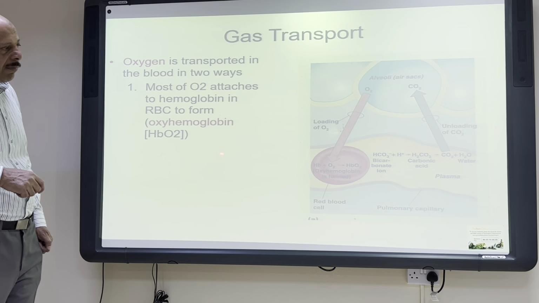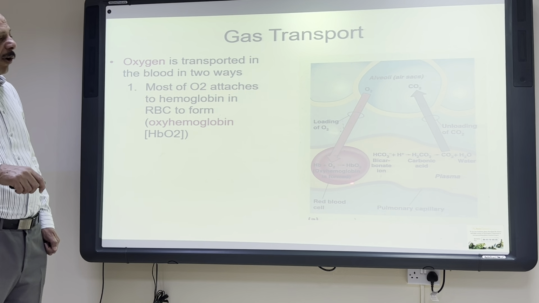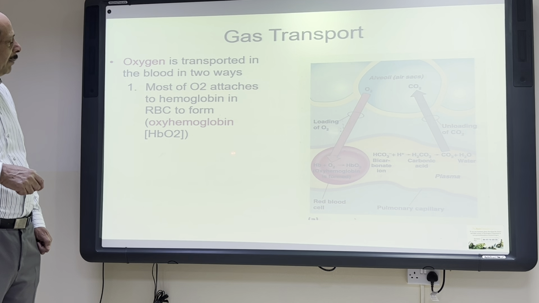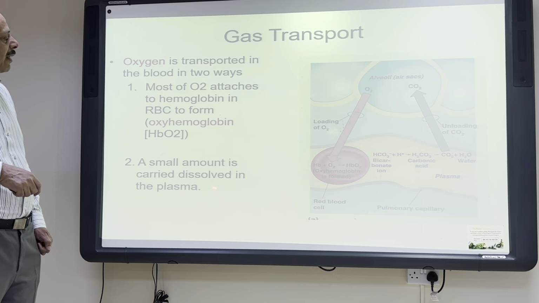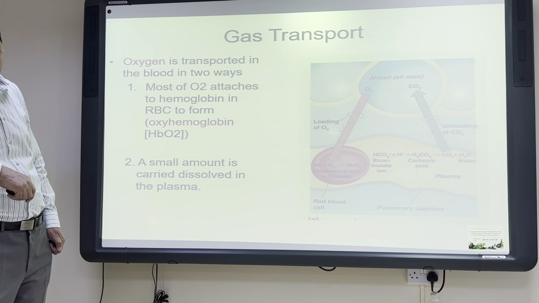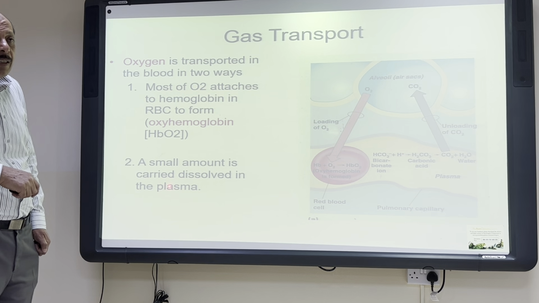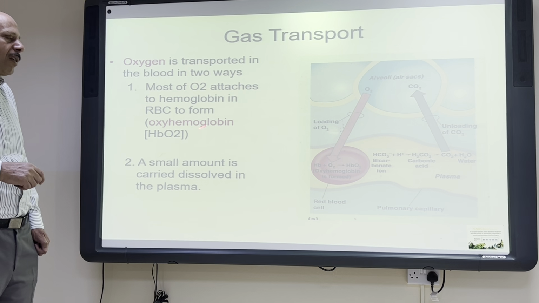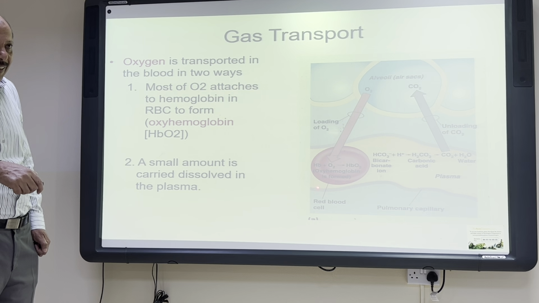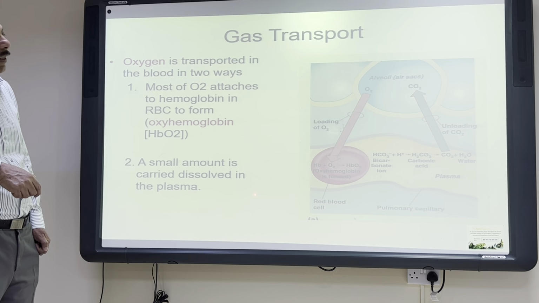So most of the oxygen is attached to the hemoglobin as oxyhemoglobin, and a small amount is carried dissolved in the plasma. For the carbon dioxide, it is not like this. Mostly it will be in the plasma, and a few will be attached to the hemoglobin.